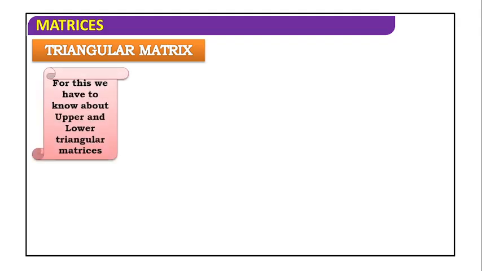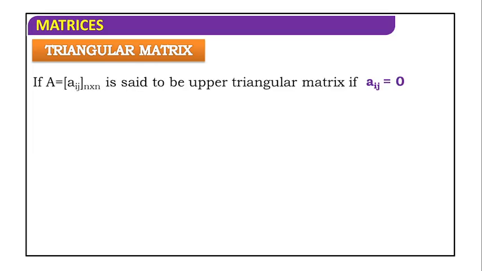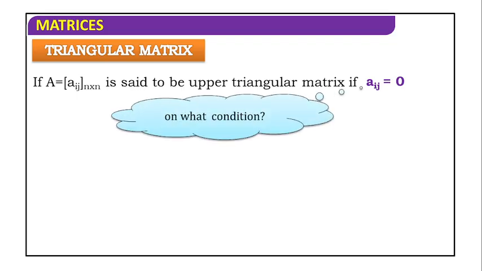Triangular matrix. Triangular matrix means non-diagonal elements are 0. In triangular matrix there are two types, upper triangular and lower triangular matrix.